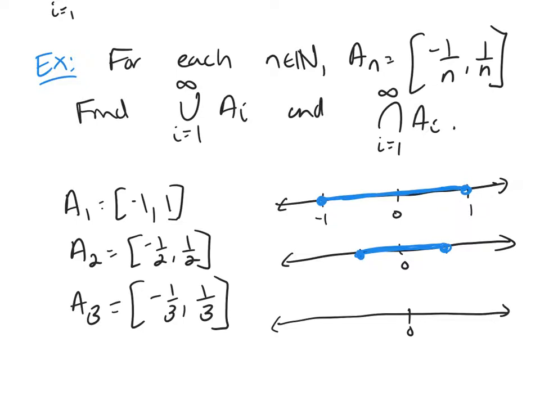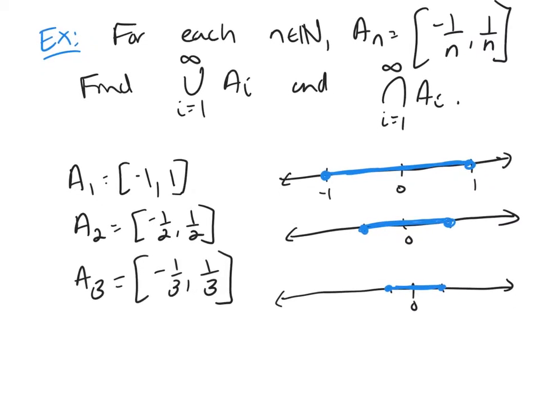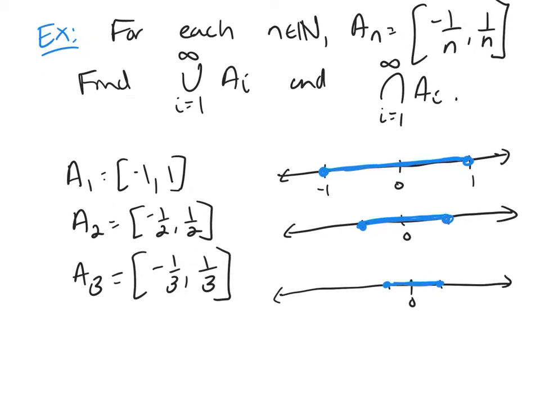And then -1/3 to 1/3. So if you'll notice, the interval is always centered around 0, and all that's happening is the interval is getting smushed on both ends closer to 0.